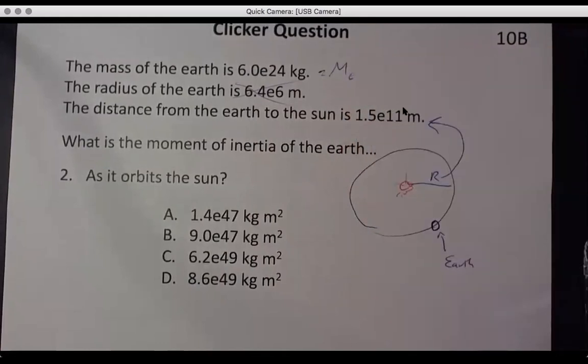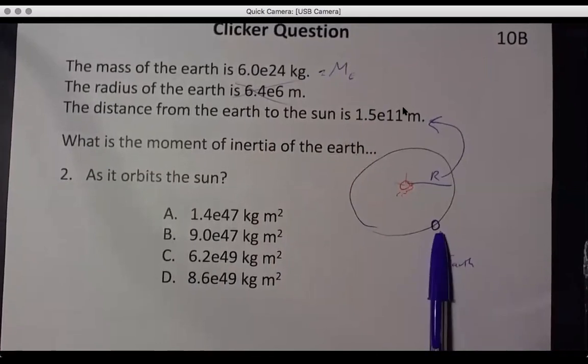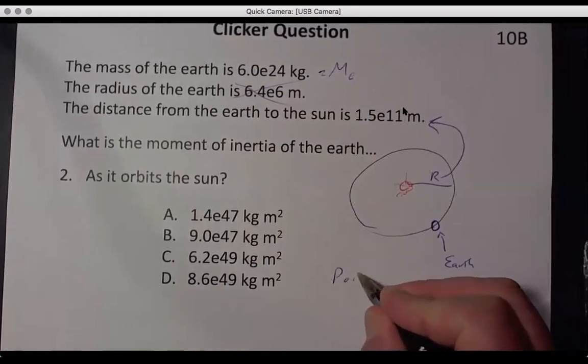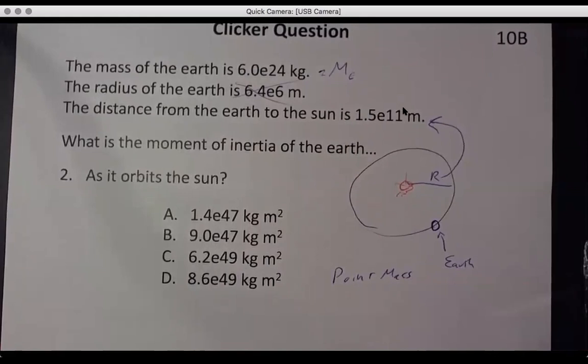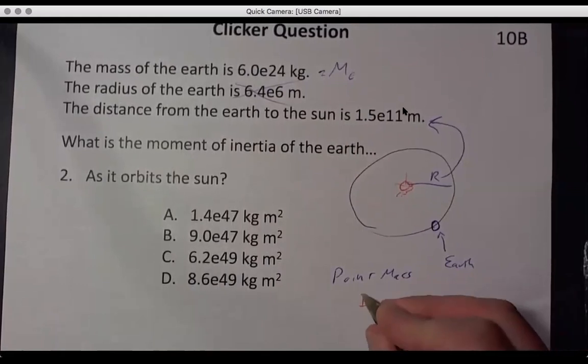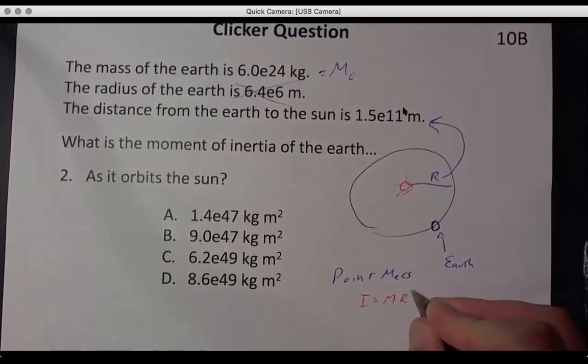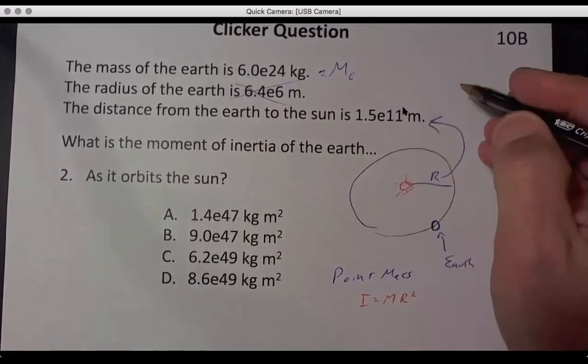And so what does this look like? Well, we're certainly not going around the center mass of this. In fact, this looks like a point mass. And if you take a point mass, then you're going to get a different I. You get I is equal to simply mr squared. Right, there's m, there's r.